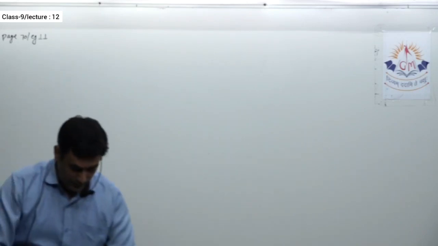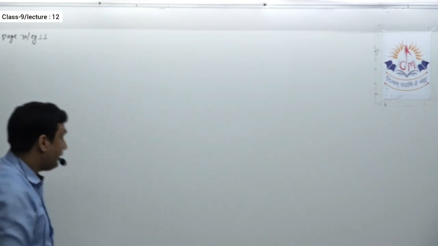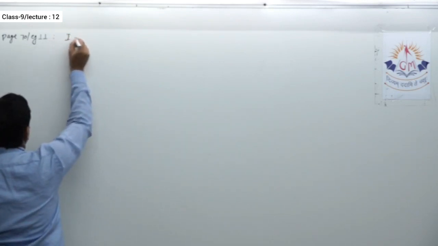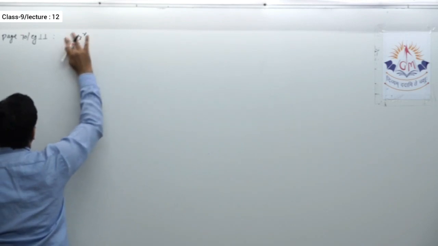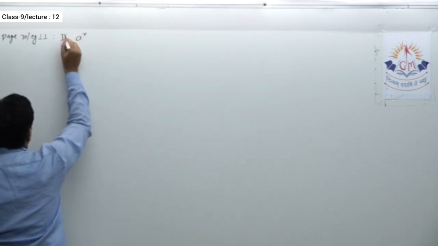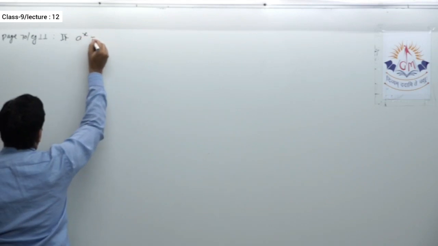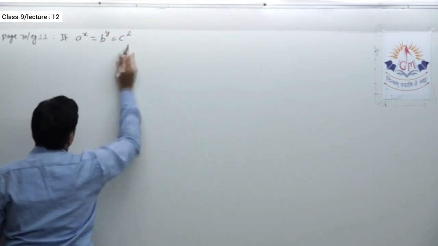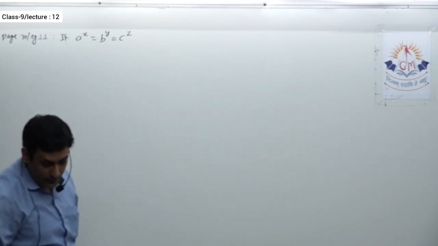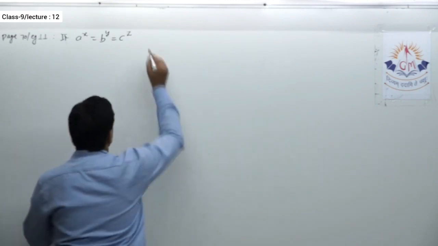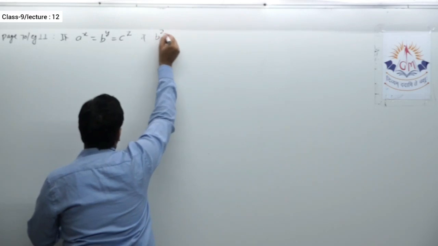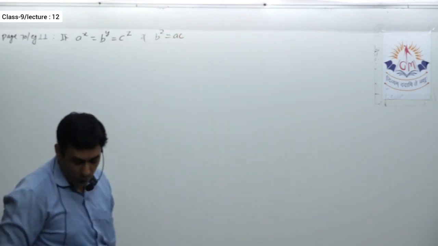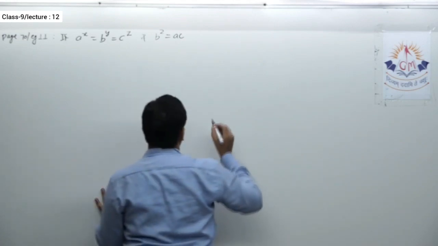The question is: if a raised to x is equal to b raised to y is equal to c raised to z, and b square is equal to ac, then we have to express y in terms of x and z.